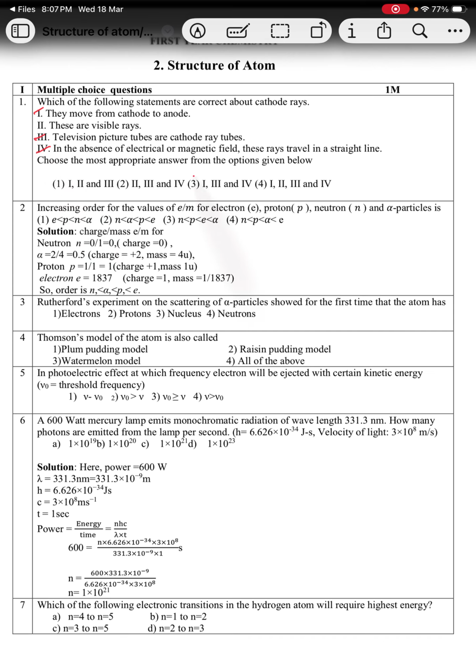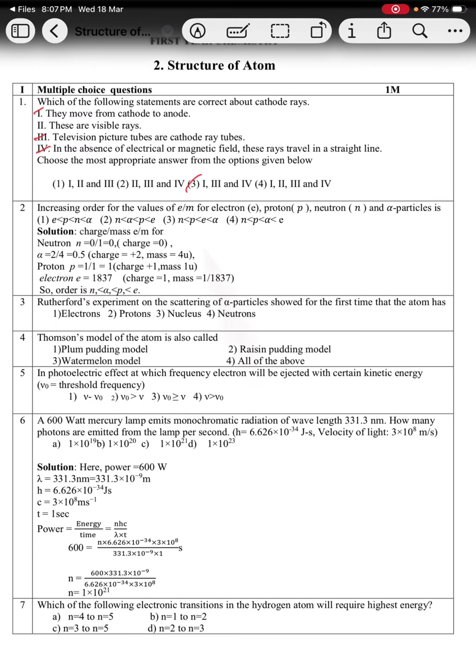Choose the most appropriate answer from the options given below. In the options given below, 1, 3, 4 are given in option 3. Increasing order for the values of e by m for electron, proton, neutron and alpha particle. E by m value for neutron: neutron charge is 0, considering the relative mass 1, 0 by 1 equals 0. 0 by anything is 0.